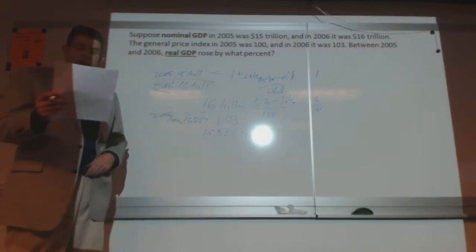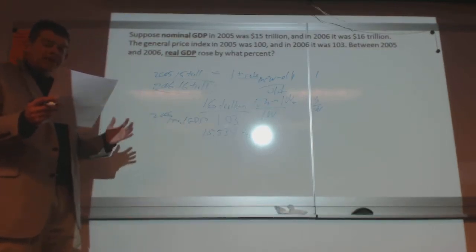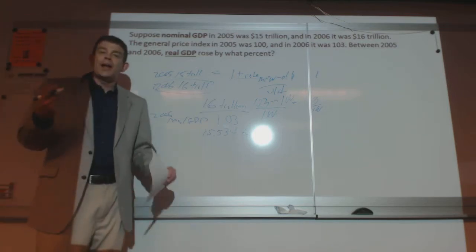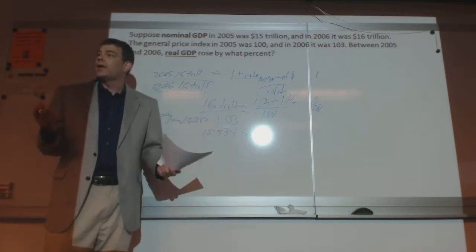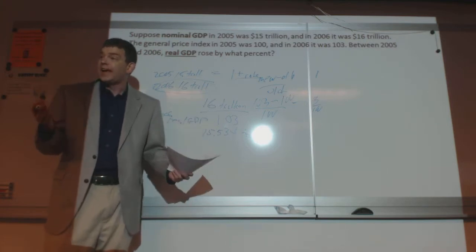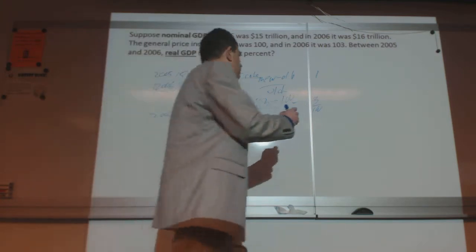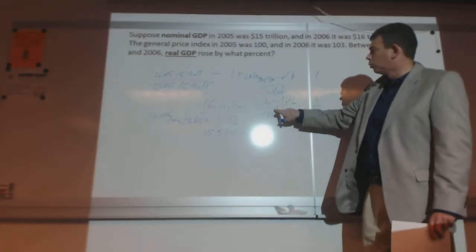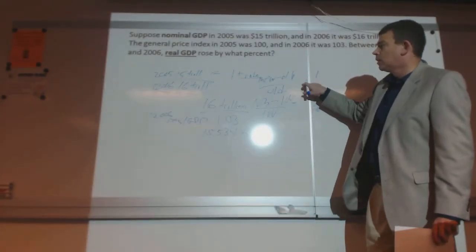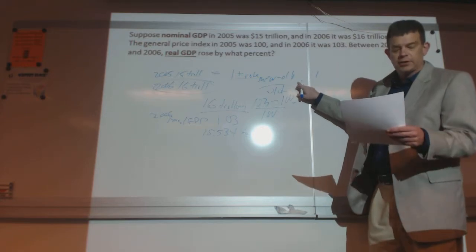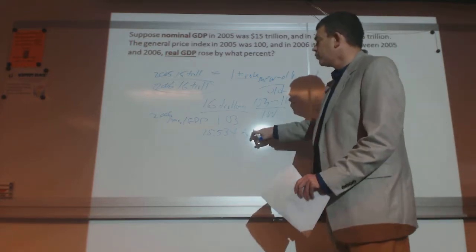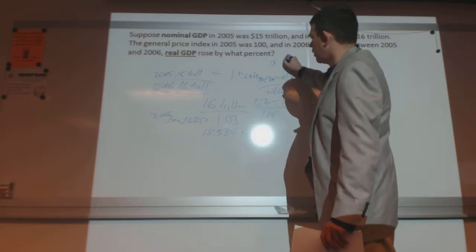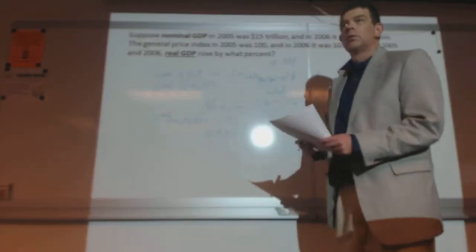The question says, by what percentage did real GDP increase? Once again, when we do rates of increase, the formula is always the same: new minus old divided by old, times 100. So we have the new number now. The new number is 15.534, right?